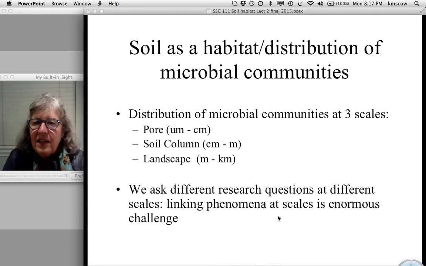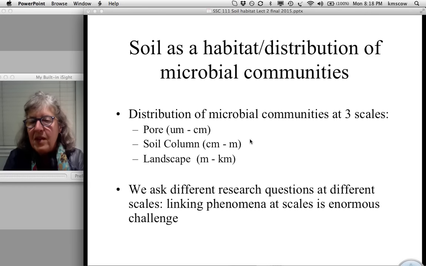So at the scale of an individual microorganism, or let's say a consortium, which is probably more likely, we're talking very small scale pore, and this is where the microbe is interacting with its electron donor, its electron acceptor, its carbon source, and it's metabolizing material, producing new products, and consuming oxygen in that area. The oxygen needs to move back to them. But this is the scale where things are actually happening.